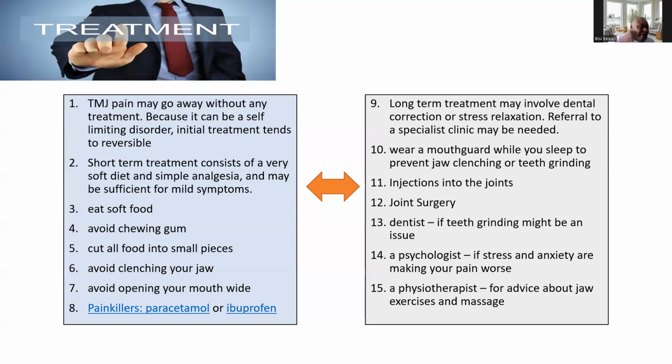They know how wide they have to open before they hear the click. So usually what you tell them is to try and avoid opening wide enough to hear the click, because there are fibers and ligaments that stabilize the joints. And every time you hear the click, you're breaking all those fibers that are holding things together, and the healing process is starting all over again. So usually what you encourage patients to do is cut food into small pieces.